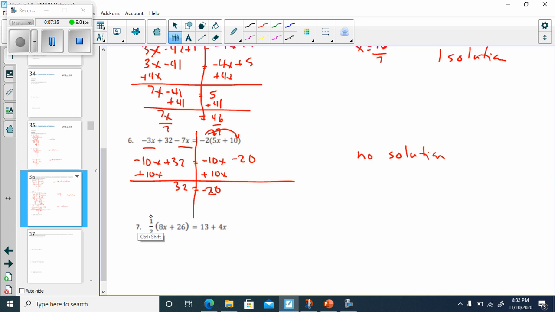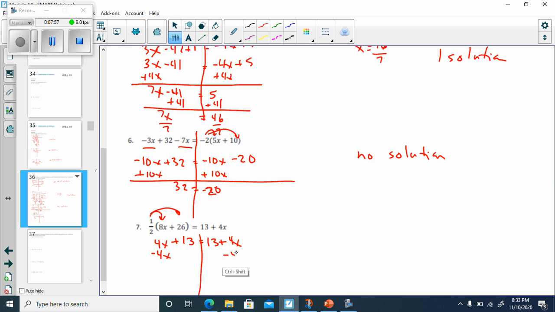All right, and then this one, there's a fraction here, but it's not a problem. 1/2 times 8x gives me 4x. 1/2 times 26 would give me 13. Is that equal to 13 plus 4x? Yes, it is. Those two equations are exactly the same. Everything's going to be a solution, but let's just check.